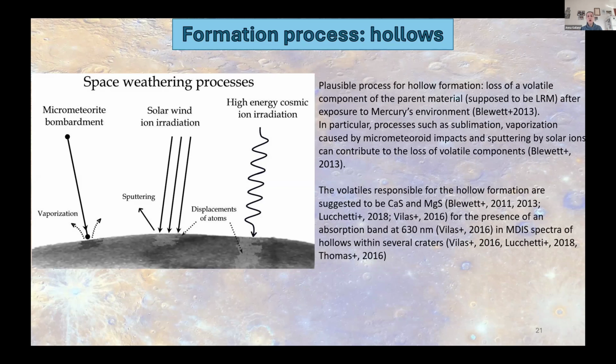This means the loss of specific atoms from the surface. So these are hypotheses, but generally the loss of the volatile component can be responsible for the hollow formation. And the volatiles responsible for these formations are suggested to be also sulfur components: sulfur, calcium sulfides, and magnesium sulfides.